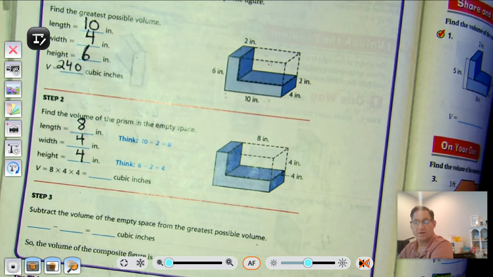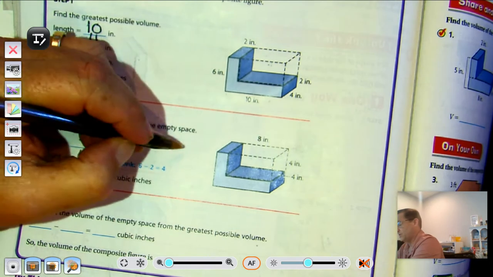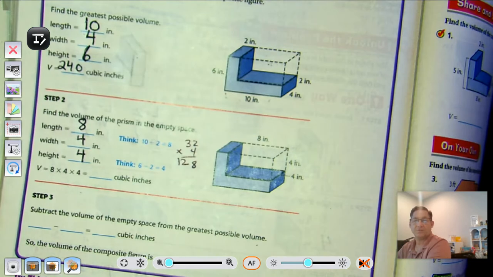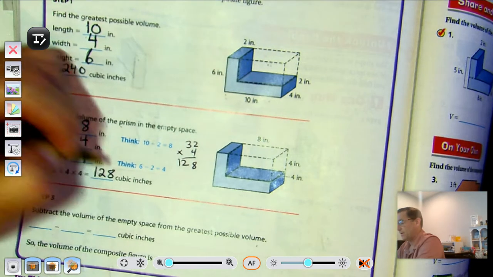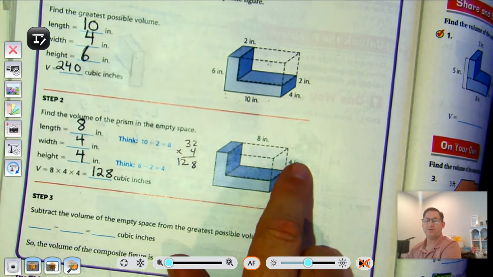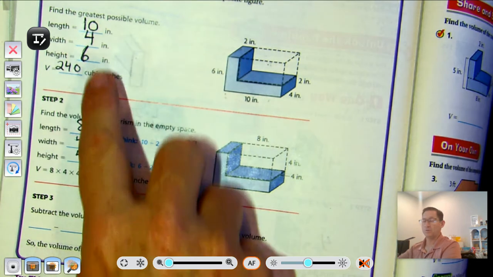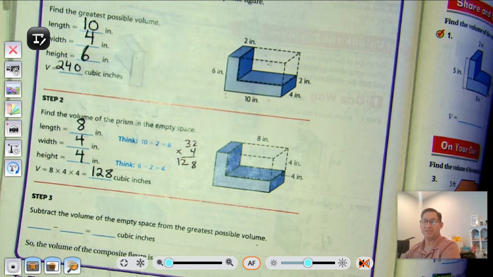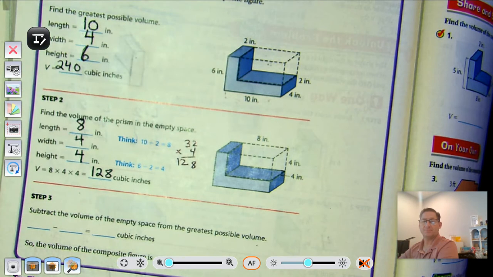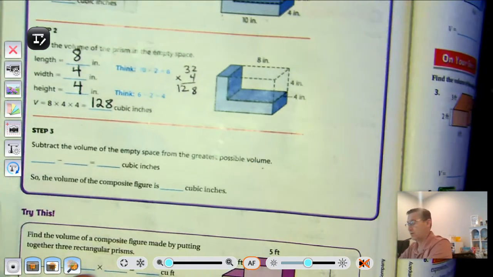So what's the volume of the missing section? Well, 8 times 4 is 32, and 32 times 4 is 128. Okay, so just the dashed empty space rectangular prism is 128 cubic inches. We said that if it was completely full, it would be 240 cubic inches, if the whole prism was blue and without the dashed area.